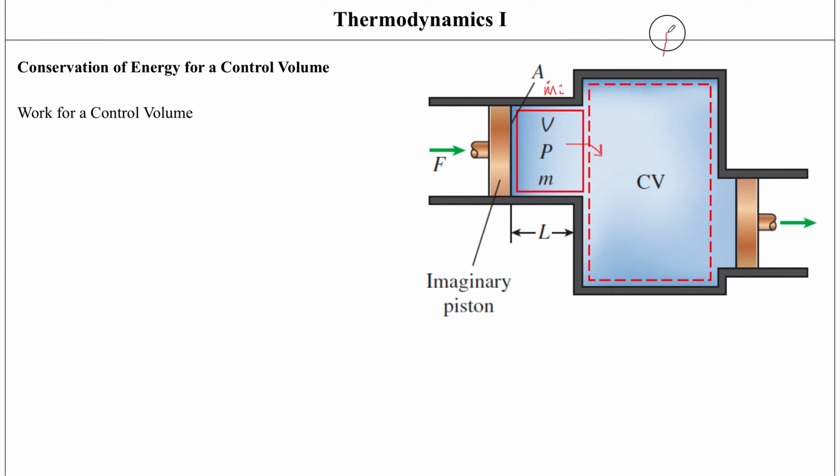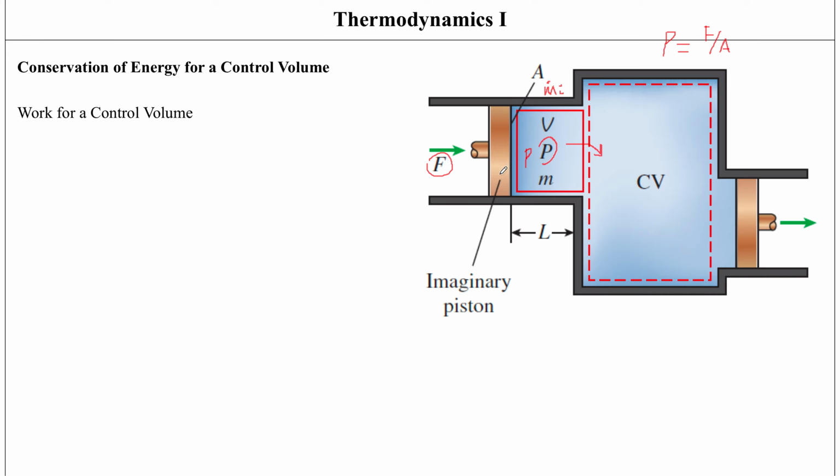The pressure for a fluid is represented by force divided by area. So if I represent the fluid pressure by small p, it's one and the same thing. For this fluid and the cross-sectional area we're looking at over here, represented by A, the force that would have to be applied on this fluid element to make it move into the control volume is going to be F. This is the force being applied on the imaginary piston here.